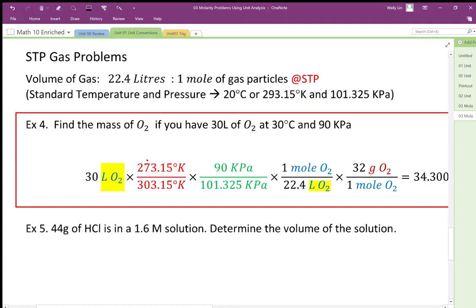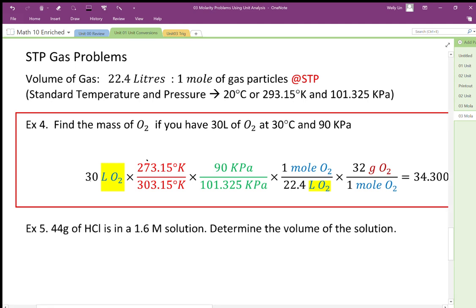Looking at this example, it says find the mass of O2 if you have 30 liters of O2 at 30 degrees and 90 kilopascals. The first thing we need to do is figure out the volume at STP. So we need to bring this back to STP.